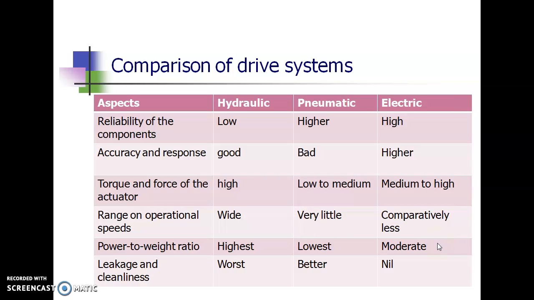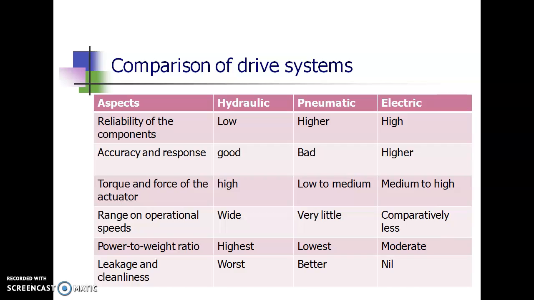In the electrical system, obviously when we increase the power, the weight of the electric system is going to increase. The reason is that the power developed by an electrical drive depends upon the iron content of the drive system. That means the amount of coil present in the electrical drive system decides the output EMF or the power.